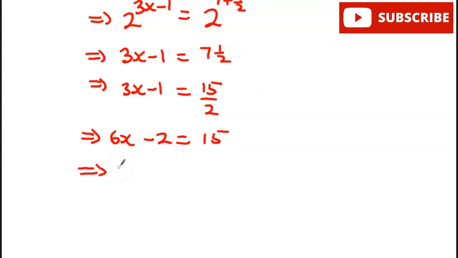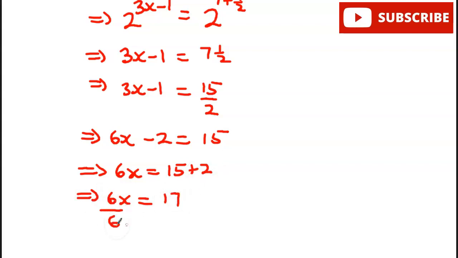Which implies that 6x is equal to 15 plus 2. So 6x is 15 plus 2, which is 17. Divide both sides by 6. So x will be equal to 17 on 6.